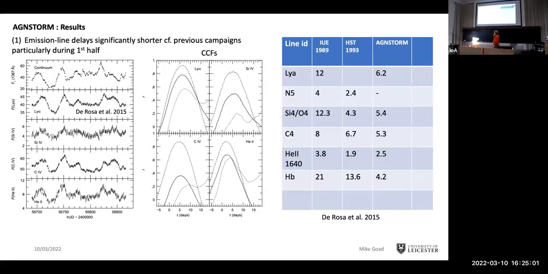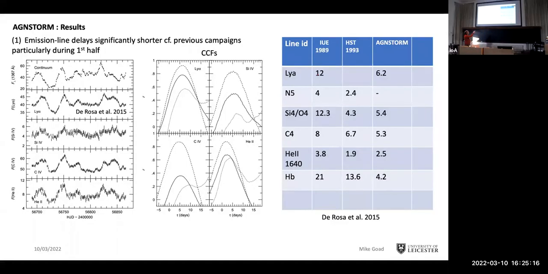And you'll notice, of course, that if you just take Lyman alpha, you can almost think you can just shift it upwards. You can actually see by eye there's a delay between the two. Okay, so we can measure a lag. Great, it's working.